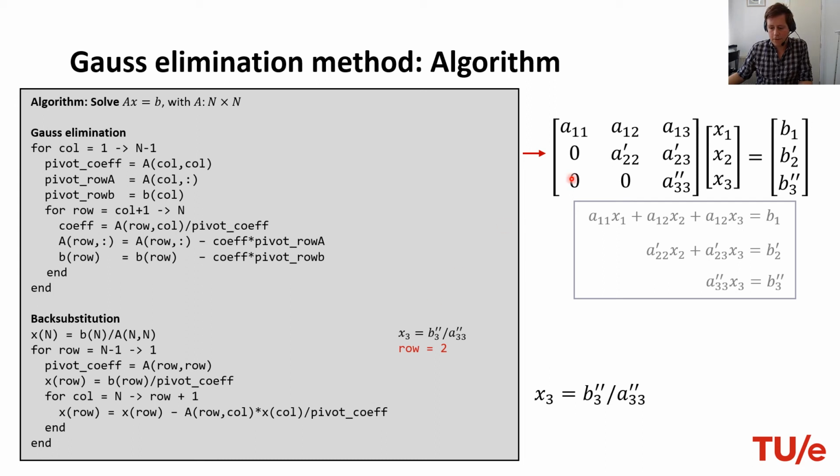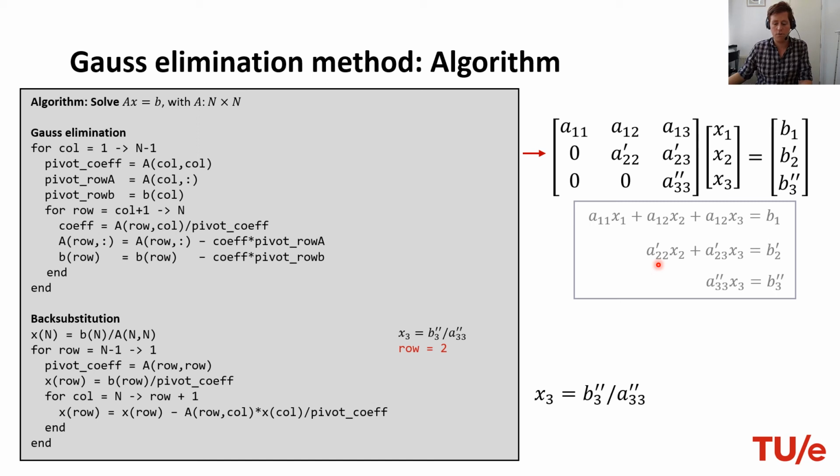Let's move up now to the second row. And we see that for the second row, this is the linear equation which we want to make explicit, or we want to solve this for x2. And we see that there will be two terms. So x2 will be equal to b2 prime divided by a22 prime minus a23 prime times x3 also divided by a22 prime.